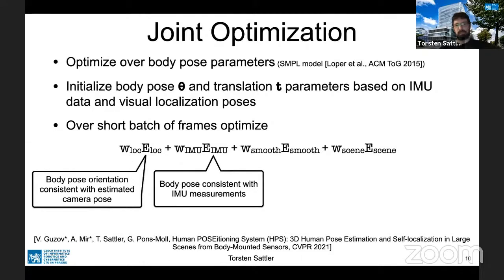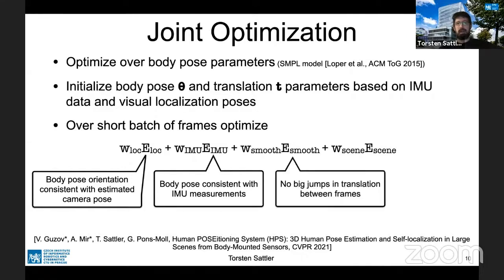The second one is an IMU term, which essentially says the body pose that we estimate should be consistent with the IMU measurements that we get. And then we have a smoothness term, which essentially says we don't want to have large jumps, so that avoids having unrealistic motion. The interesting part is, I think, the scene constraints.